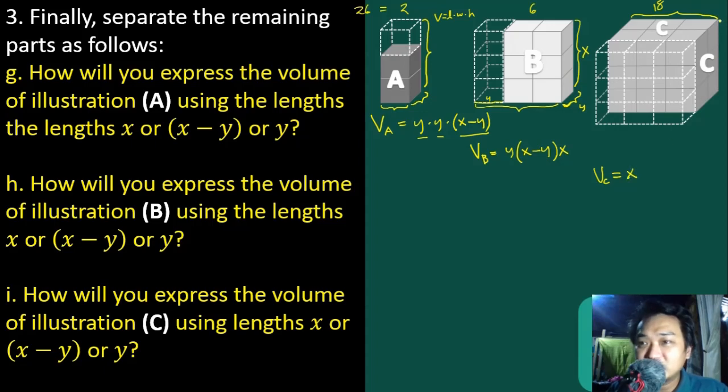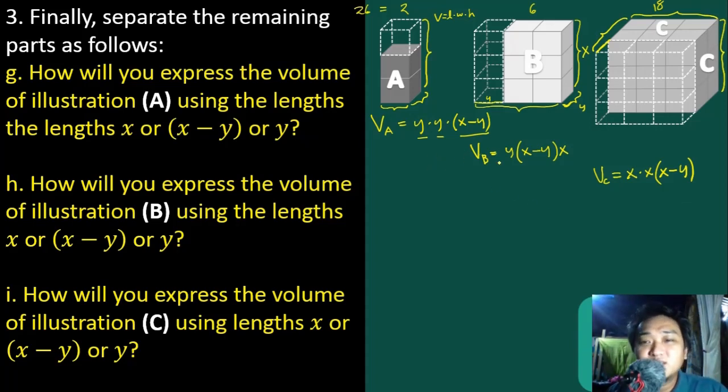Yung taas niya, let's say building to, is also x. Pero yung lapad niya, yung width niya, syempre nabawasan nito. And take note, itong naibawas, yung dimension na yan is y. So that would also be x minus y.